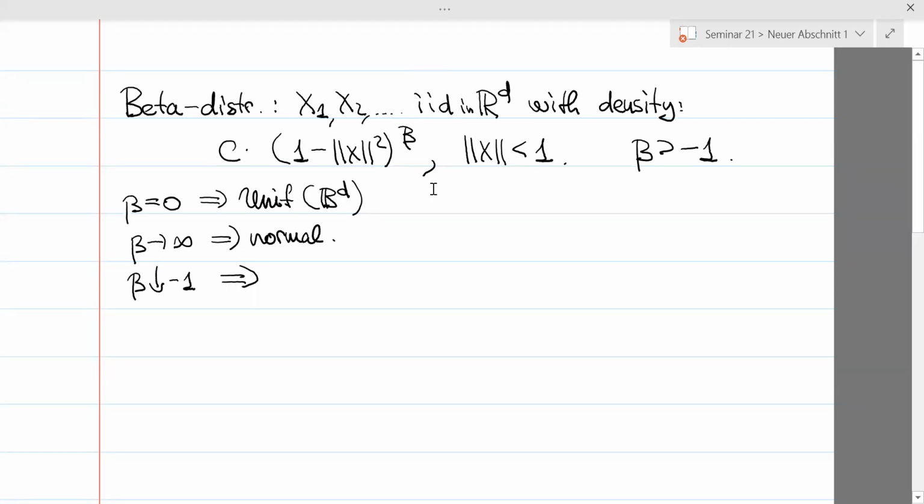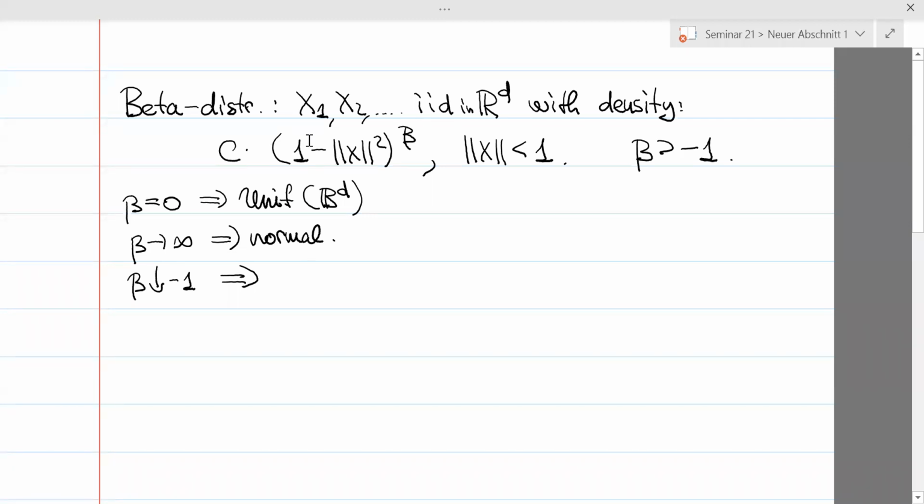If we just plug in -1 here, this function is not integrable on the ball. So the constant goes to 0, because the integral of this function is going to be infinite, which means this density goes to 0 pointwise at every point x.